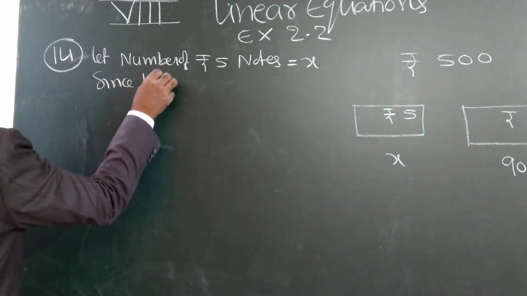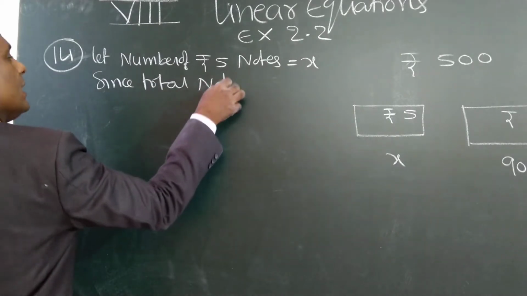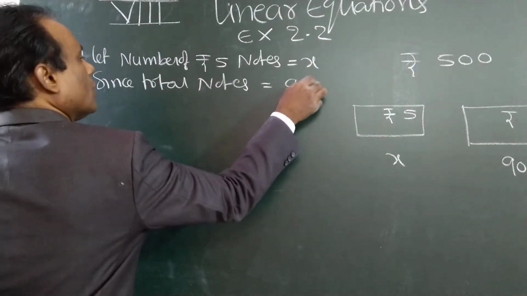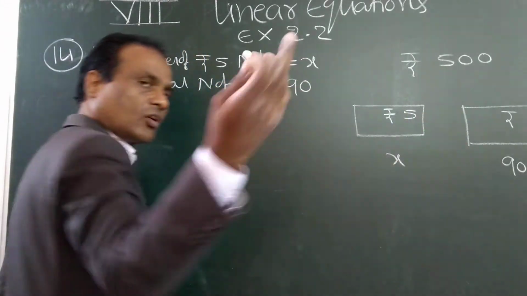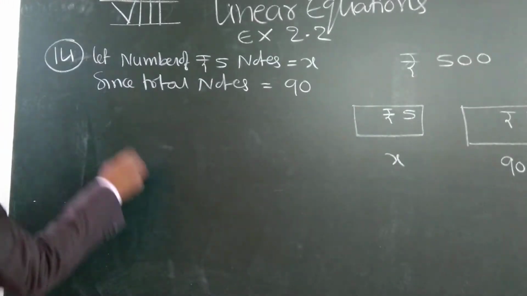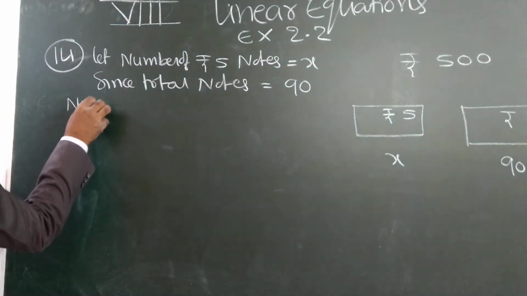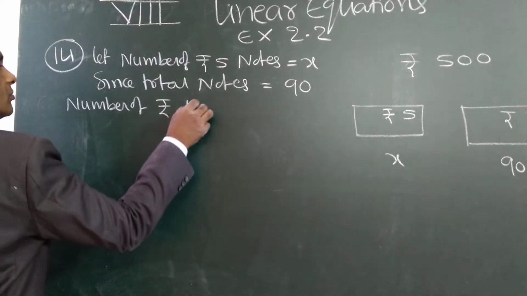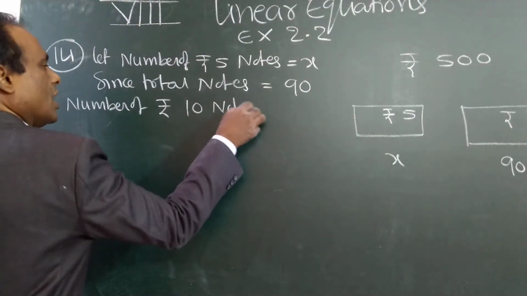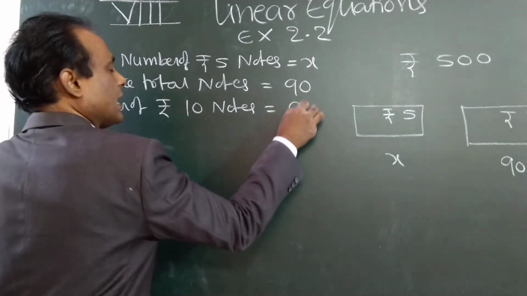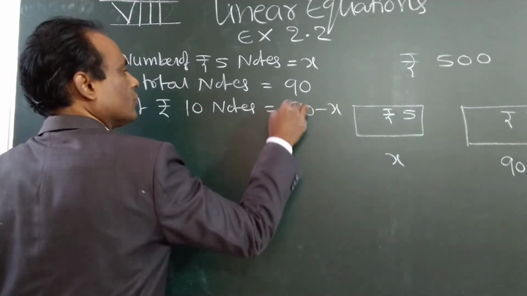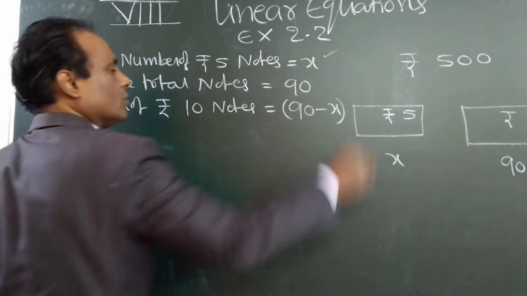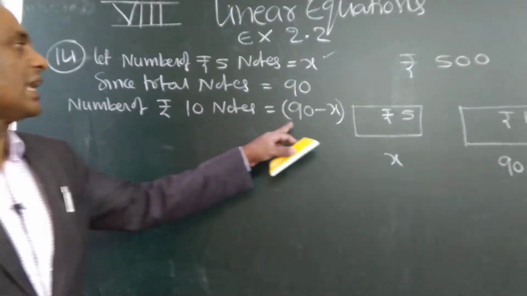Since total notes are 90, it is given in the question, the number of 10 rupee notes is 90 minus X. So 5 rupee notes X, 10 rupee notes 90 minus X.